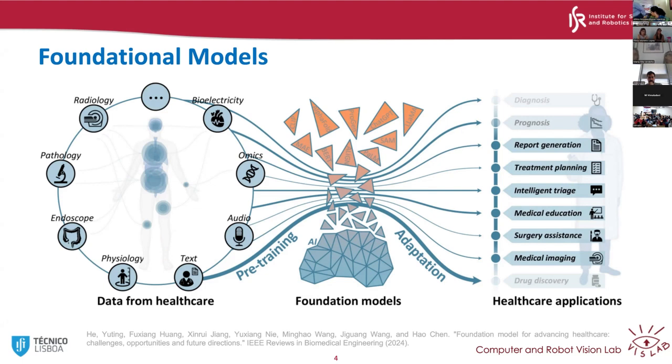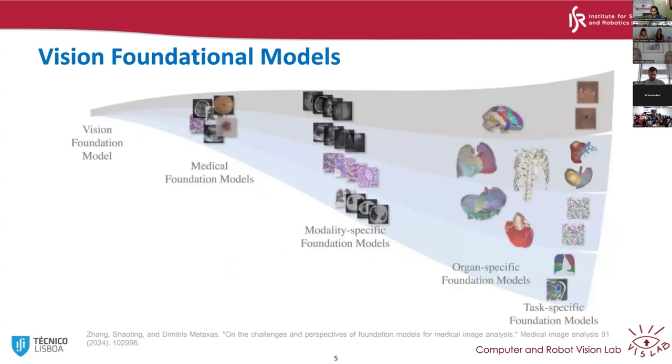So the things that Rita will show next, we rely on foundational models first. And for vision in particular, it's very funny what's happening in the medical field. We have foundational models with different degrees of specialization. We have what we call the medical foundational models that work with supposedly any kind of medical imaging.